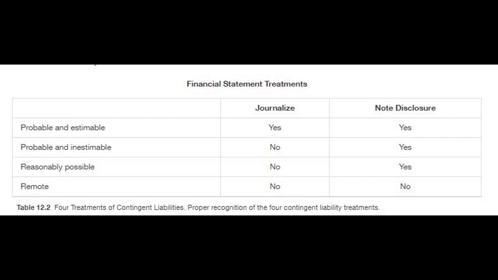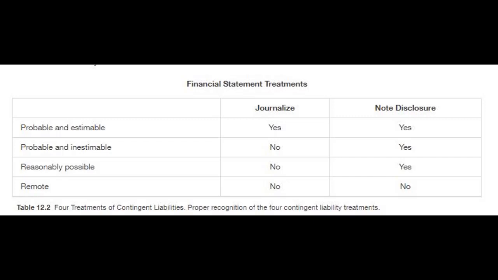But sometimes, for instance, somebody is suing you, and you simply don't know whether or not you will win or lose the lawsuit. And until you learn whether you've won or lost it, you don't know if you will have to pay or not.